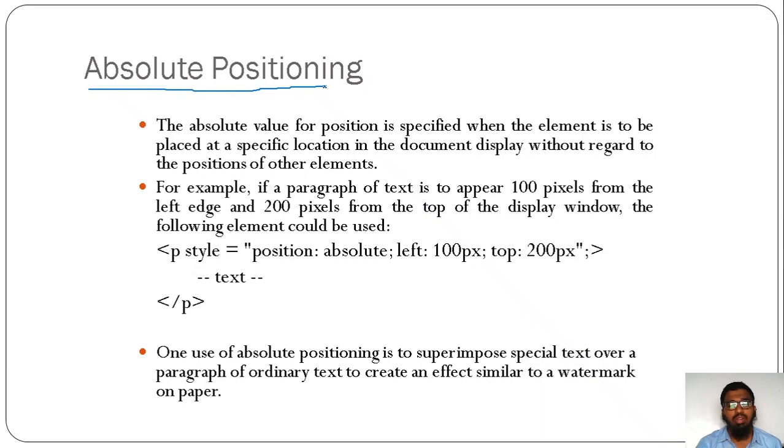Absolute means in the whole website, where do you want to display your image, where do you want to display your text or anything. For that we will use absolute positioning.